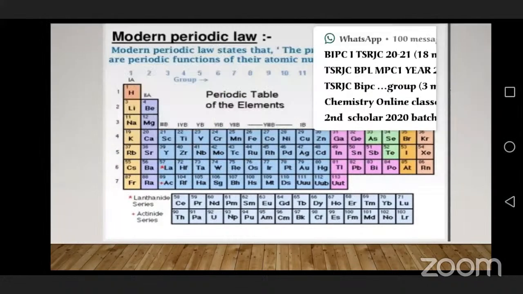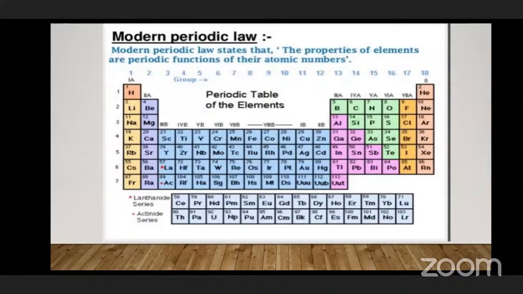And especially in the d block, the blue colored d block elements, if you observe the atomic numbers 26, 27, 28, similarly 44, 45, 46, and 76, 77, 78. That is iron, cobalt, nickel, ruthenium, rhodium, palladium, osmium, iridium, platinum.